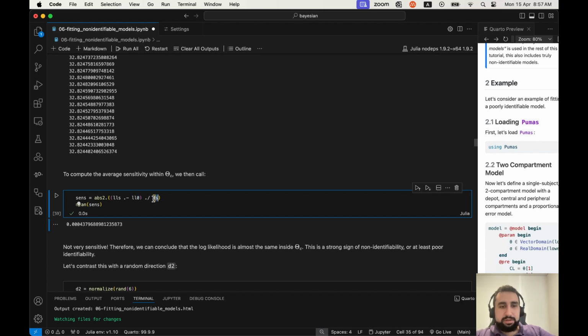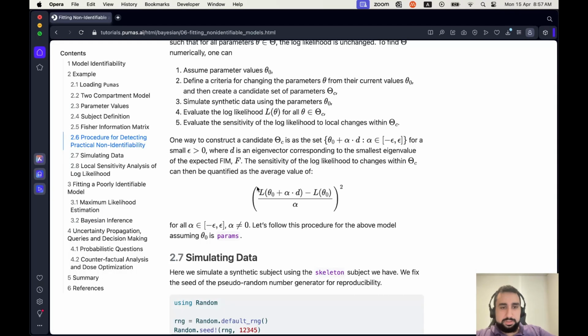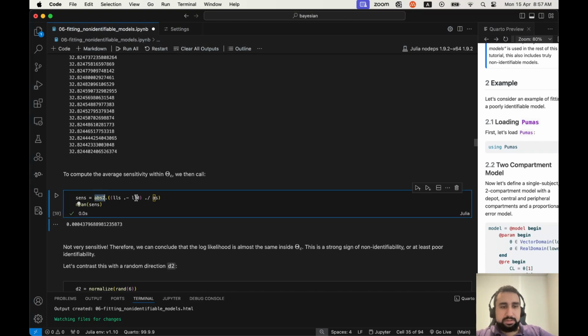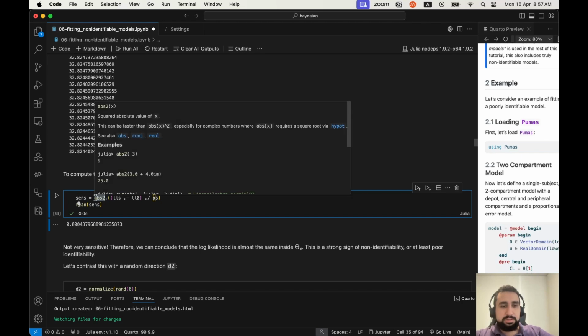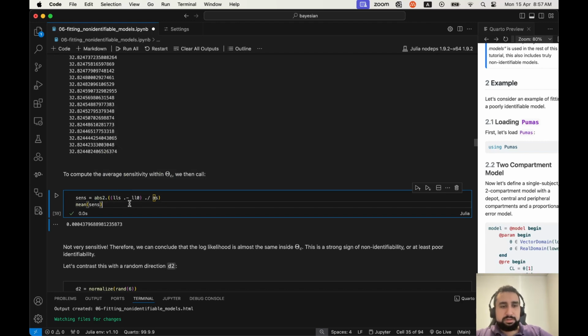Then we divide, again element-wise, so this dot and then division is element-wise division, and what we're doing here is just getting this ratio. And then we take, again element-wise, the square of the absolute value, which is just this. This is a function that basically returns abs of x squared, or just x squared. It just does the squaring.